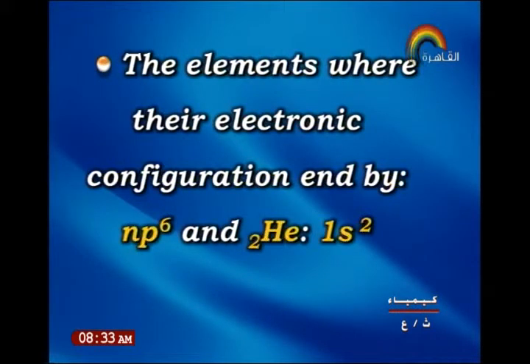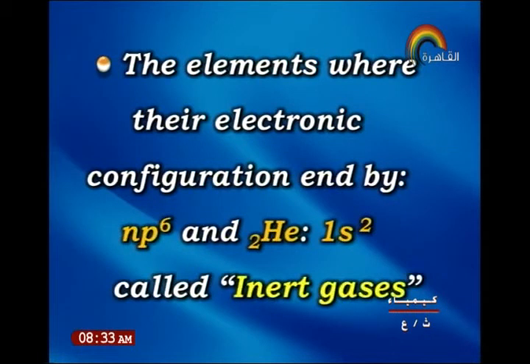And the elements whose electronic configuration ends by filling the P sublevel that contains 6 electrons, and helium, whose electronic configuration is 1s2, are called inert gases.